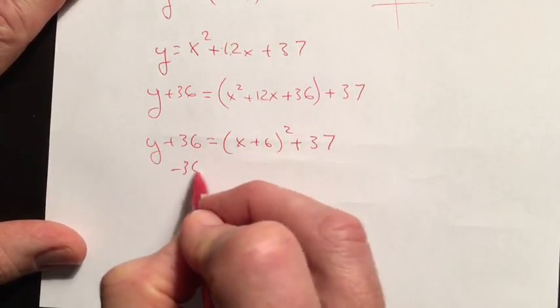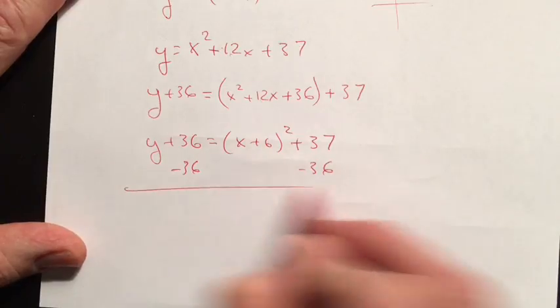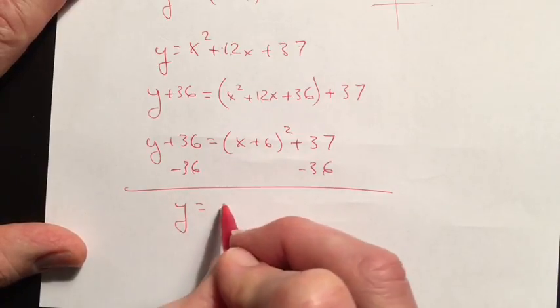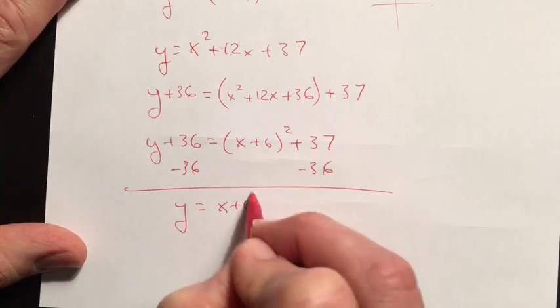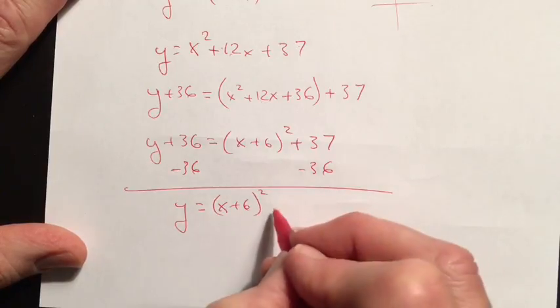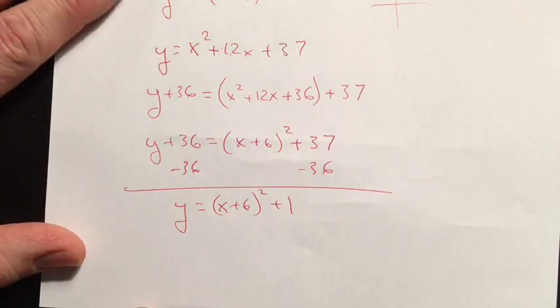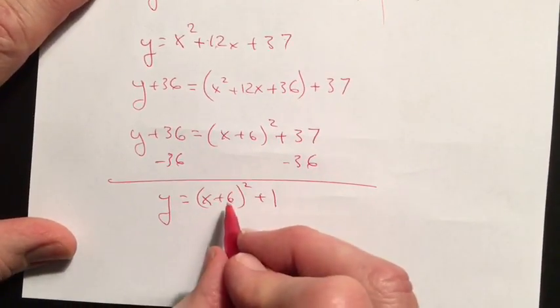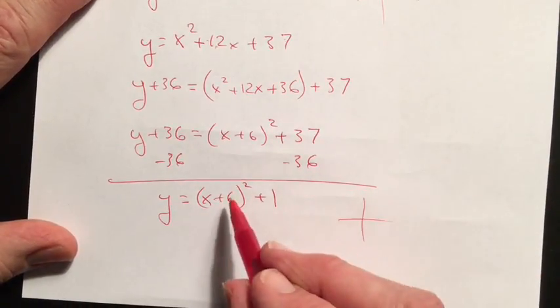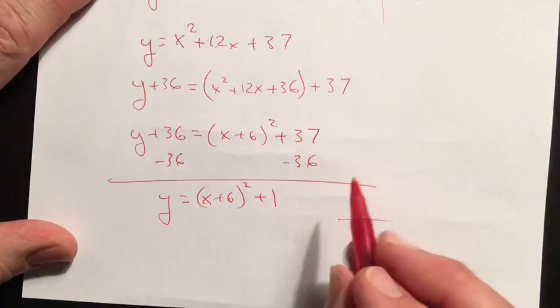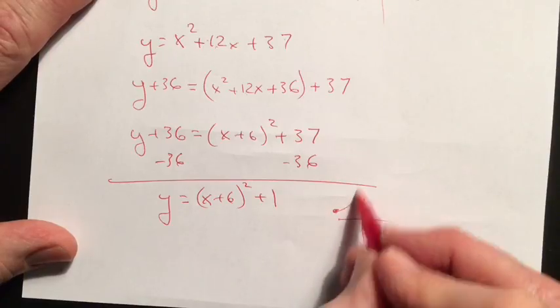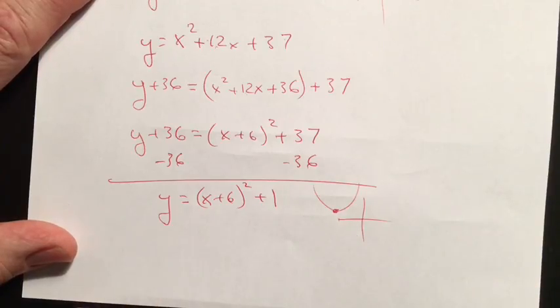We subtract the 36 and look at this. y equals x plus 6 squared plus 1. Again, if you're going to graph it, you'd move 6 to the left, over here, and up 1. So you graph there, and then you'd probably go like that.